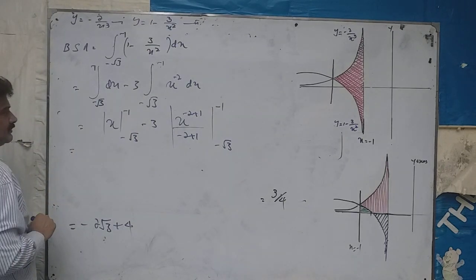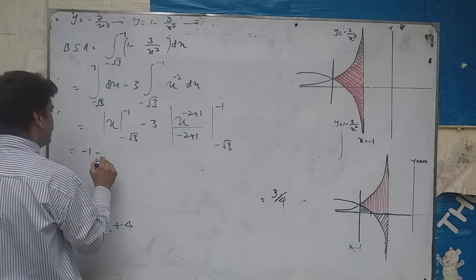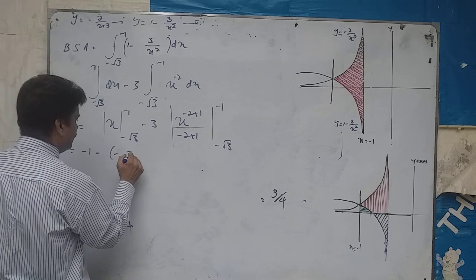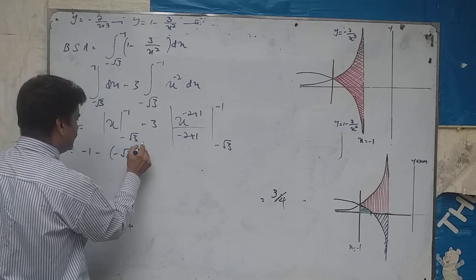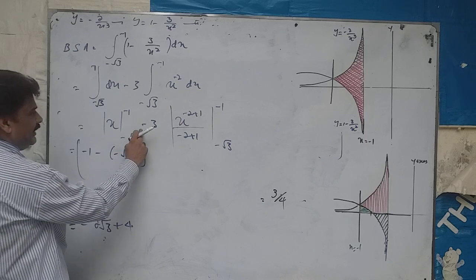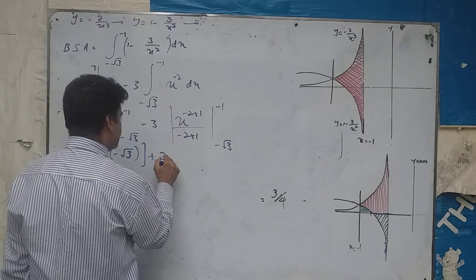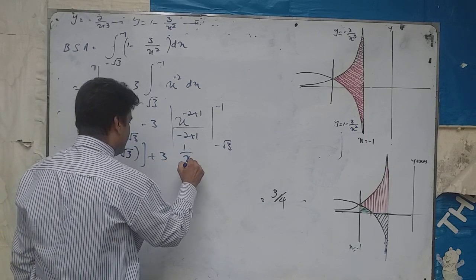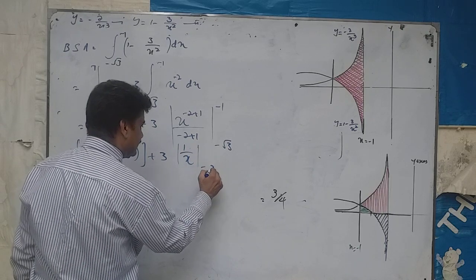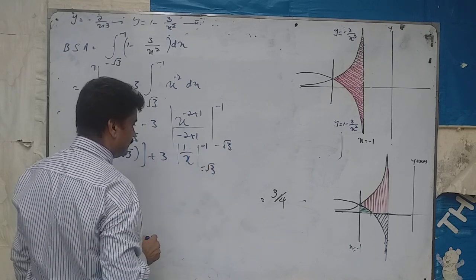By applying the upper limit, we get minus 1 minus, multiplied by minus under root 3. This minus makes a plus. We write 3 times 1 by x, limits of integration minus under root 3 to minus 1.